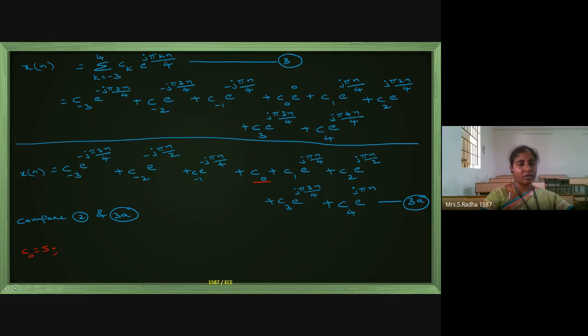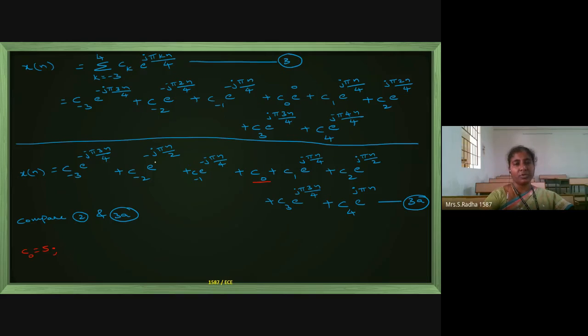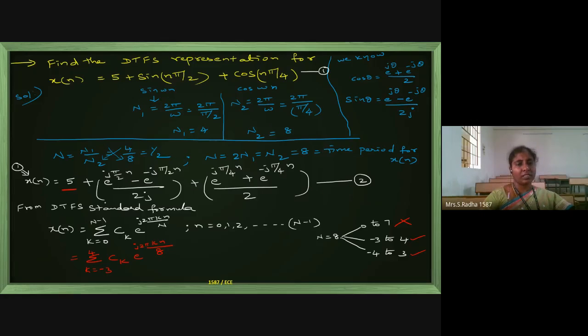Next, I am going with e power plus j pi by 2n, e power minus j pi by 2n, plus j pi by 2, minus j pi by 2. Here it is e power minus j pi by 2, and here it is e power plus j pi by 2. Same thing, I will take this entire term.